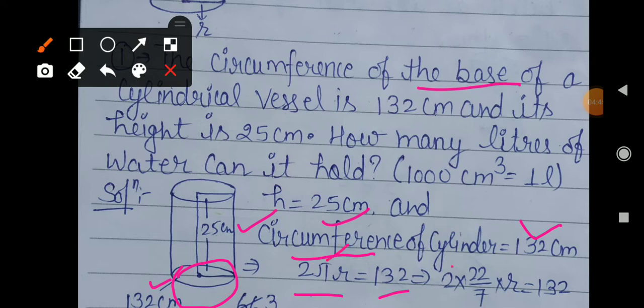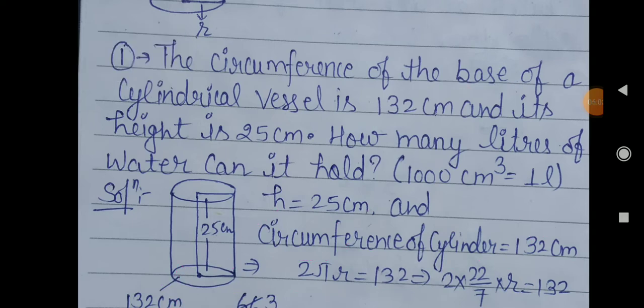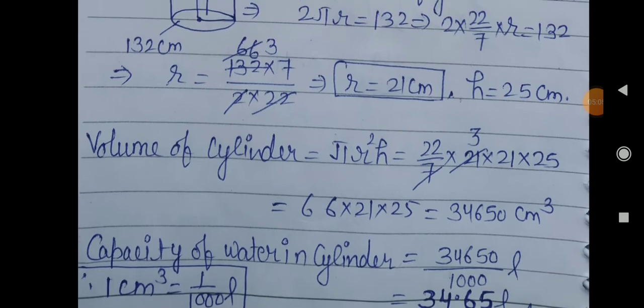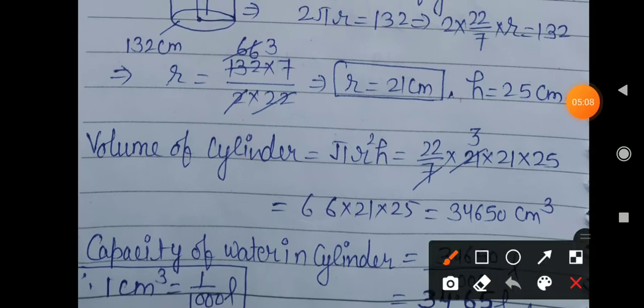So 2 into pi, which is 22 upon 7, into r, equal to 132. We write r as a variable because we have to find the radius here. Now see, r is equal to 132 and this value is in the form of a divide, so it moves to the other side and becomes a multiply, and this value is in the form of a multiply, so it moves and is converted into a divide.